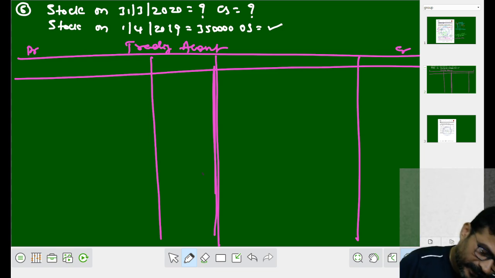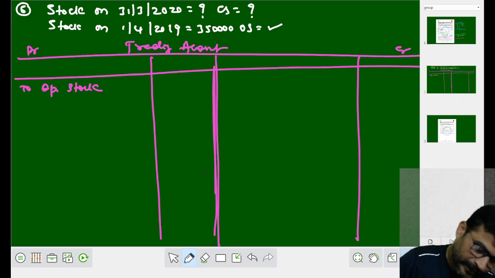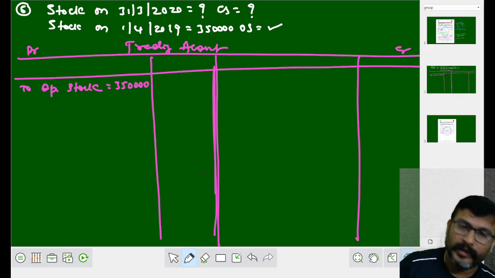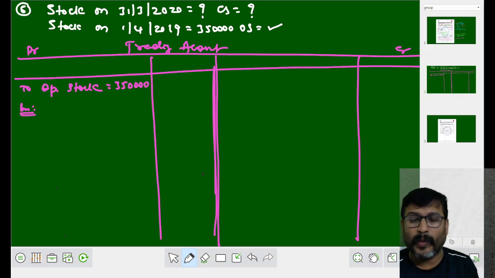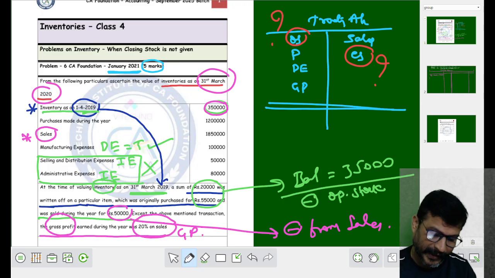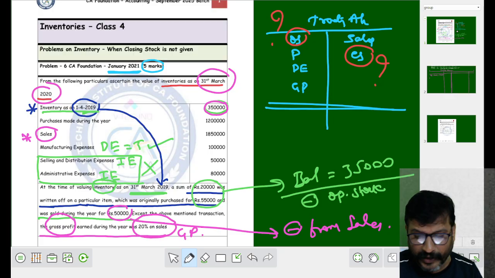So you write to opening stock or opening inventory. How much is it? 3.5 lakh. You take 3.5 lakh in the inner column, less. Out of this, what we have to do? We have to subtract. 20,000 was already written off, purchased for 55,000.